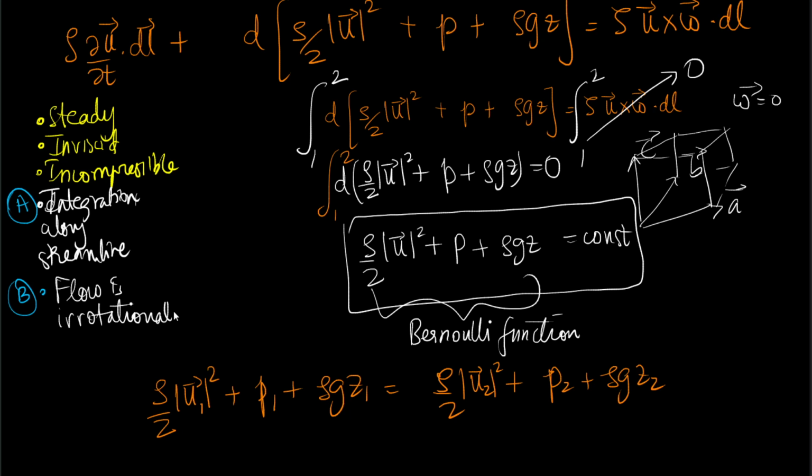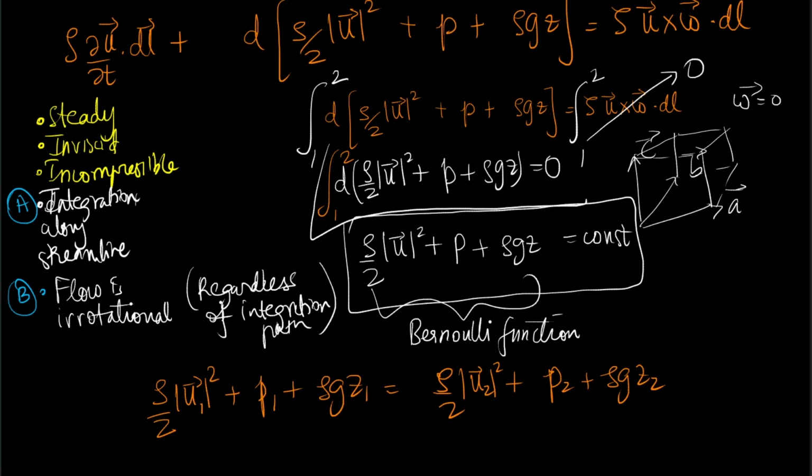So then again we obtain this same relationship and we are able to get back the Bernoulli equation. So in a domain, if we know that the velocity field is irrotational, we can simply apply Bernoulli's theorem between any 2 points. We can integrate it between any arbitrary points. However, if the flow is not given to be irrotational, we can apply Bernoulli's theorem between 2 points lying on the same streamline.